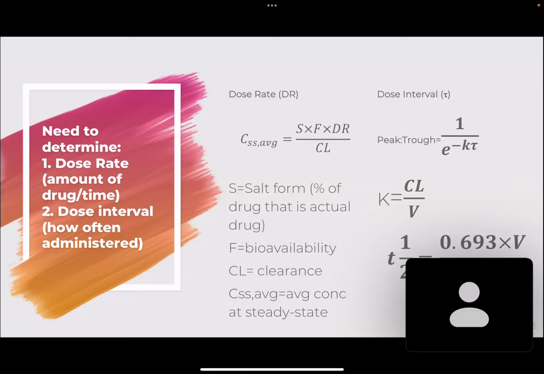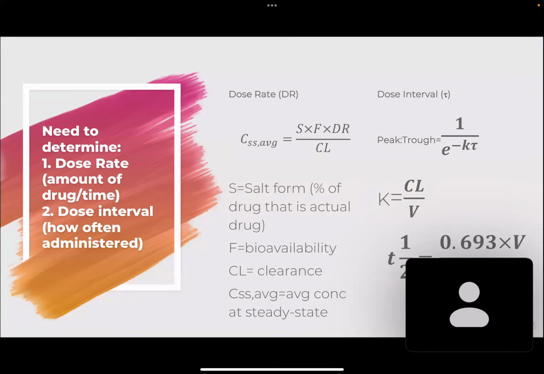The salt form is just a salt form. It really doesn't have much to do with the physiology, right? Because it just dissociates as soon as it hits the water. But we have to think about the bioavailable dose rate and the clearance of the drug. And that will determine our CSS average, which determines our dose rate, right? Everybody good? Because what we control here is dose rate.